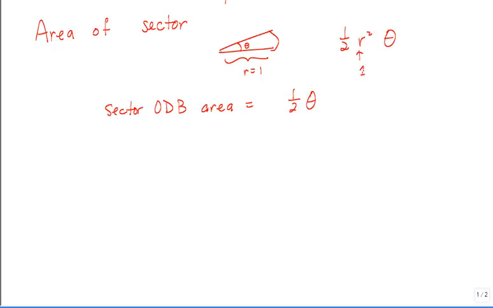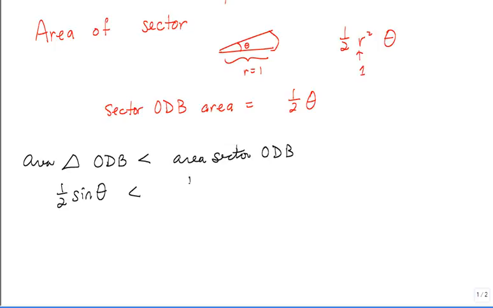Alright, if you look at the picture, we can see that the area of triangle ODB is less than the area of the sector ODB, because the triangle's inside that sector. And so far we have 1/2 sine theta is less than 1/2 theta, so this says sine theta over theta is less than 1.